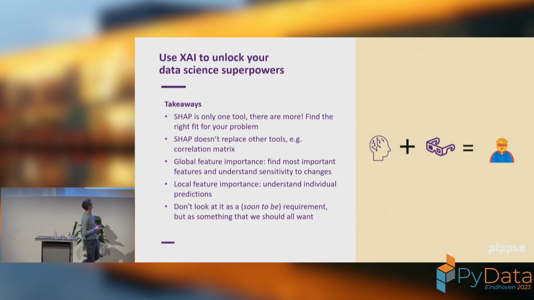Now, to already sum up slowly. For me, the main takeaway is that SHAP is only one tool. I mentioned in the beginning there are more tools out there. SHAP might not fit your problem, but if you want to start somewhere, it's quite a good start.